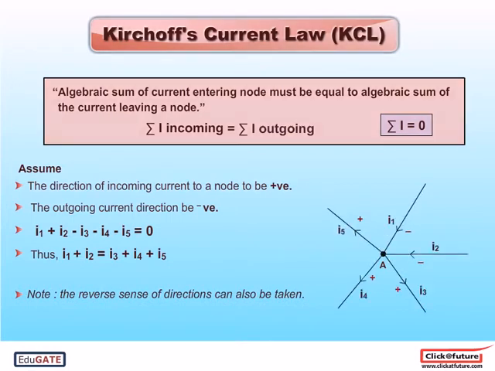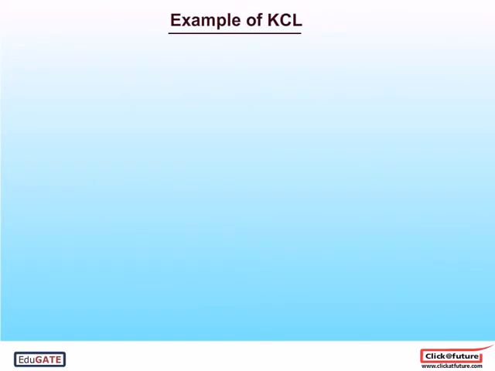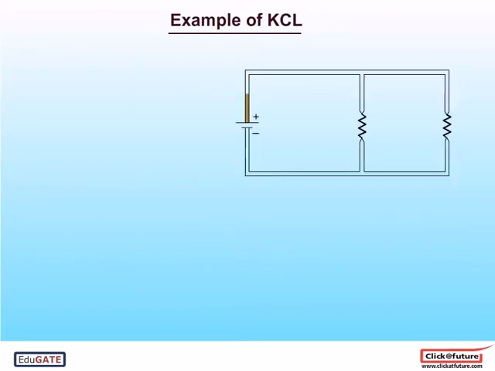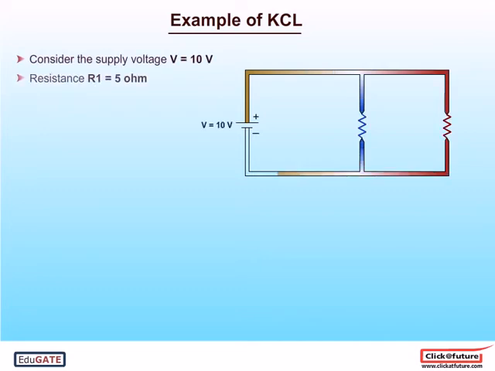Let's consider an example of KCL. Consider a closed network as shown, where supply voltage V is equal to 10 volt, resistance R1 is equal to 5 ohm, R2 is equal to 2 ohm. By applying KCL at node N, incoming current to node N is IT, whereas outgoing currents from node N are I1, I2.